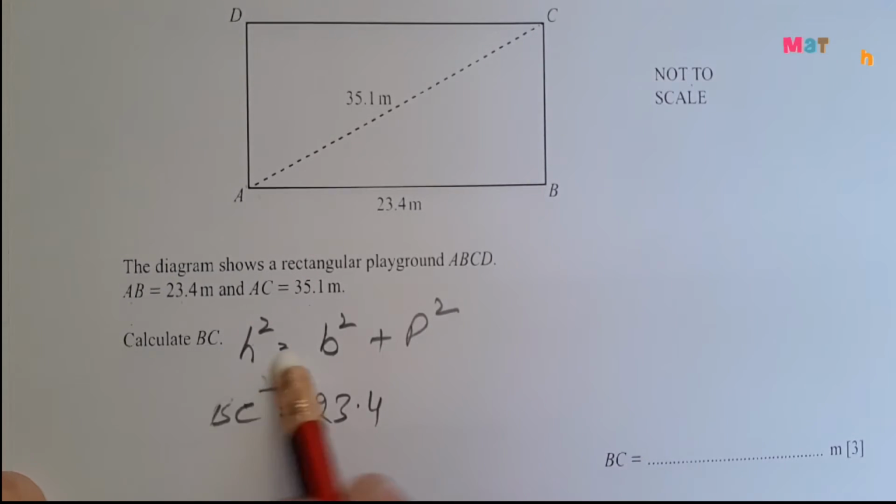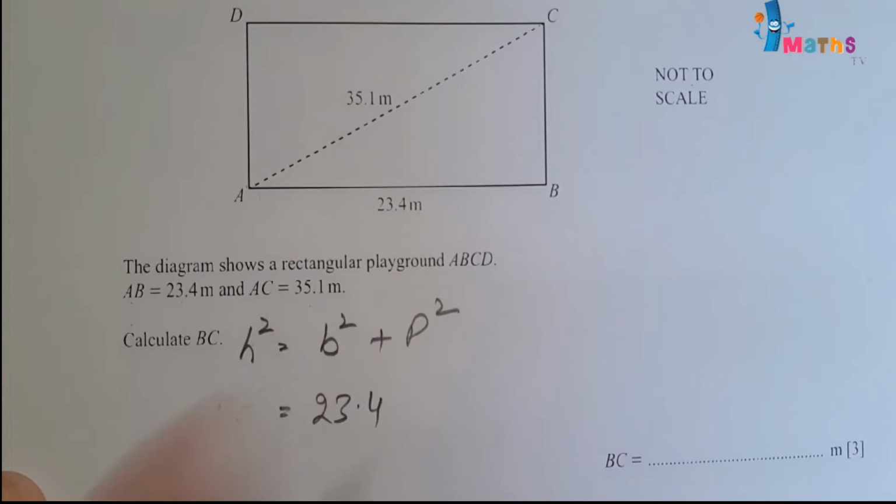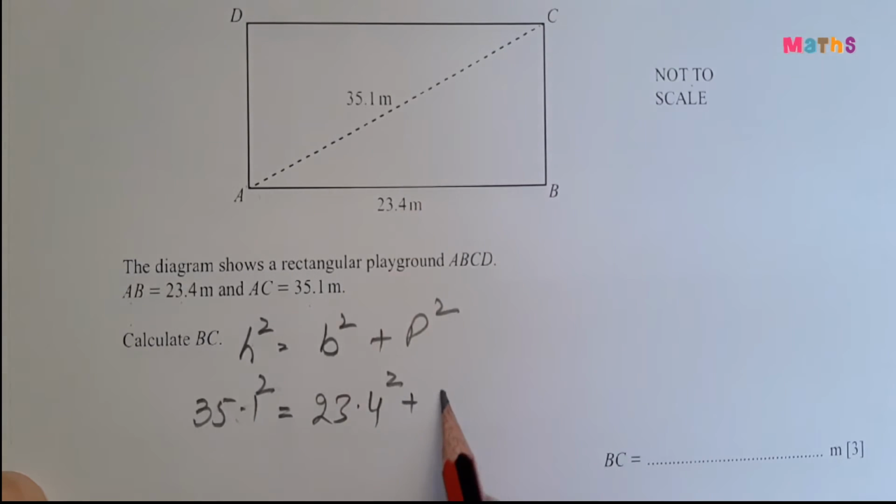Sorry, BC square will be... this will be hypotenuse. Hypotenuse is AC, which is 35.1 square, is equal to base square, which is 23.4 square, plus perpendicular, which is BC, so BC square.